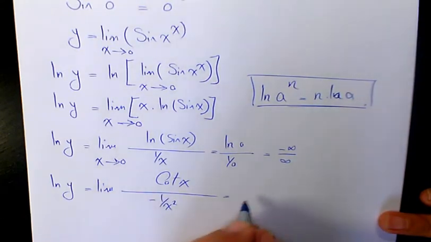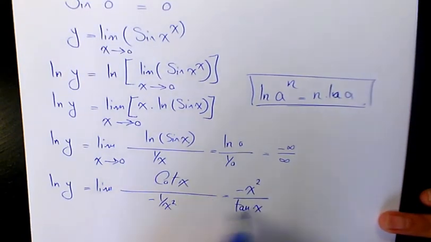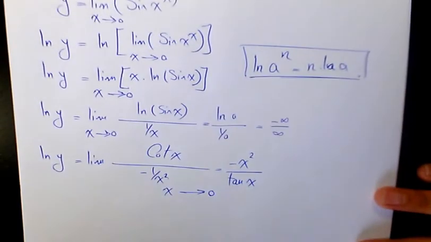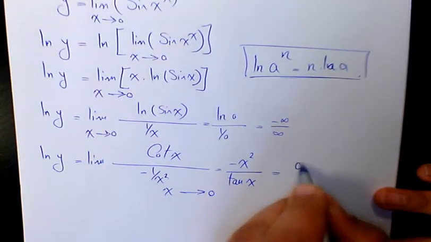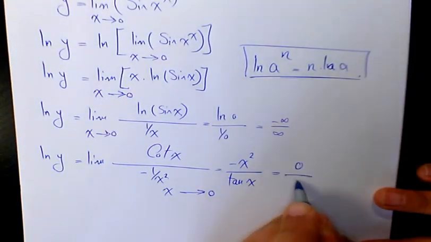That's going to be negative x squared over tan x, when you bring cotan x to the denominator, it's going to be tan x, when x is approaching 0. That's going to be 0 squared, which is 0, divided by tan 0, which is 0.